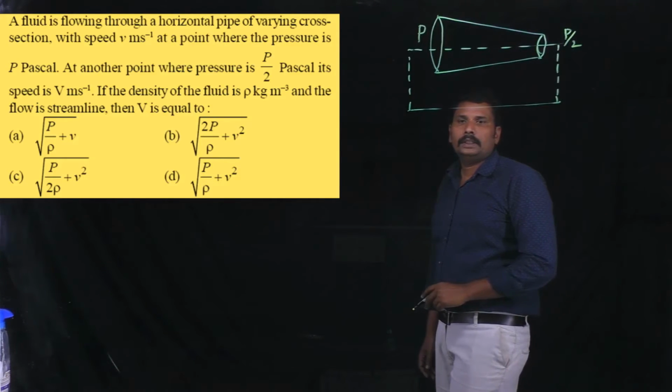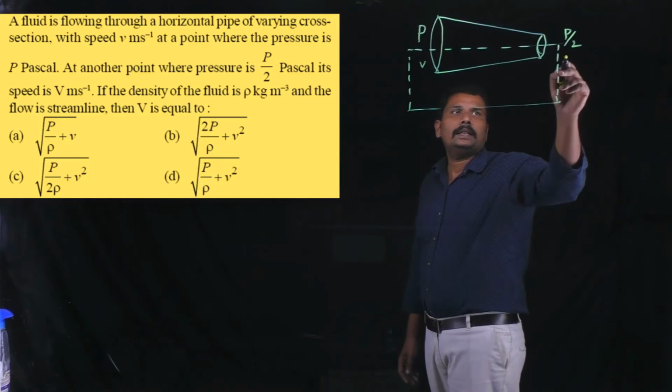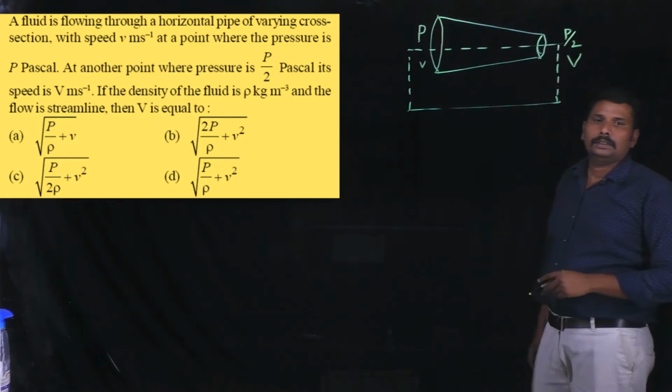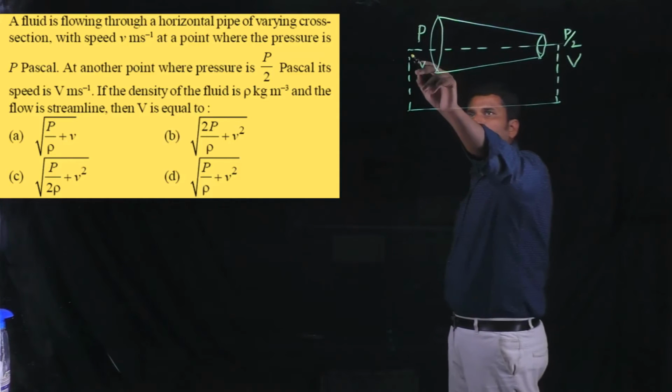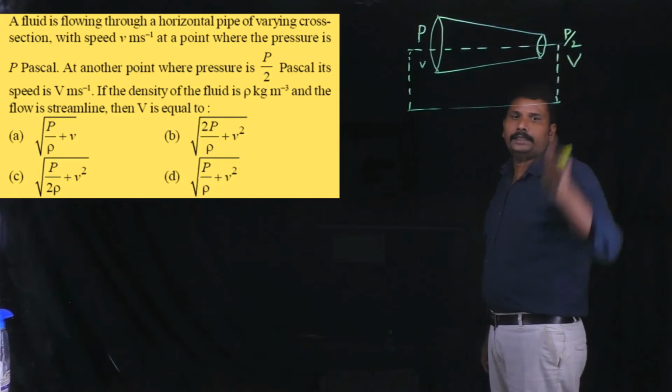Here the velocity of the flow of the fluid is small v, and here the velocity of the flow of the fluid is capital V. Now the question is, what is the velocity of the flow of the fluid at this end?